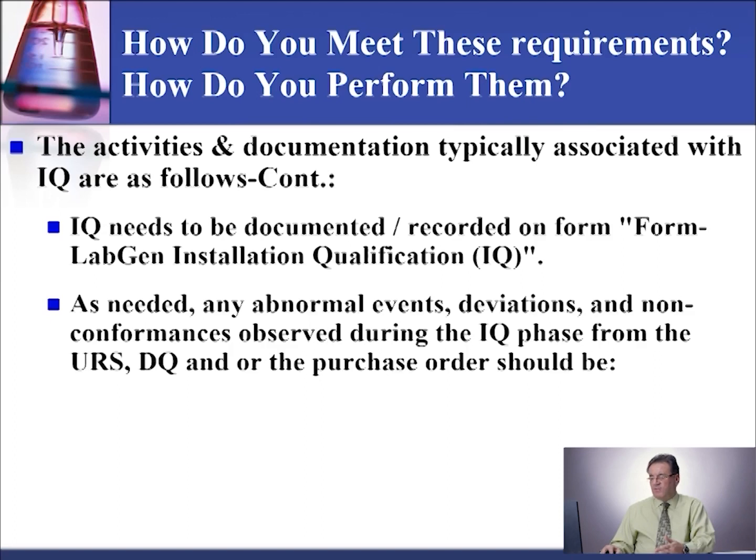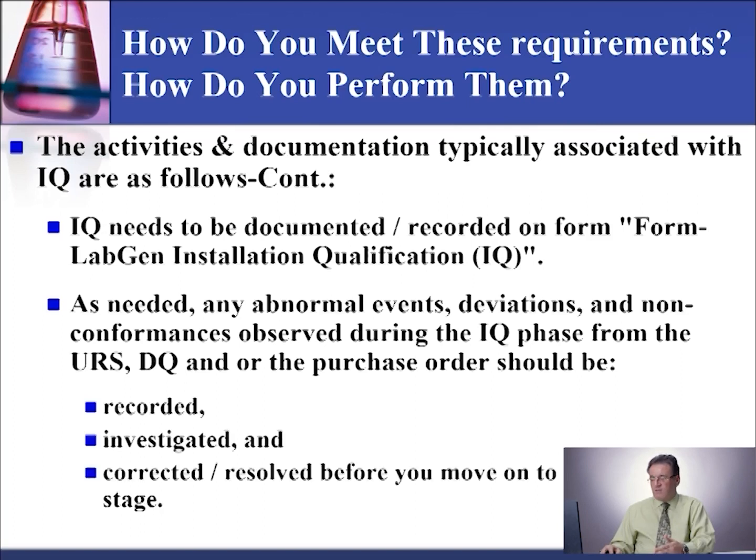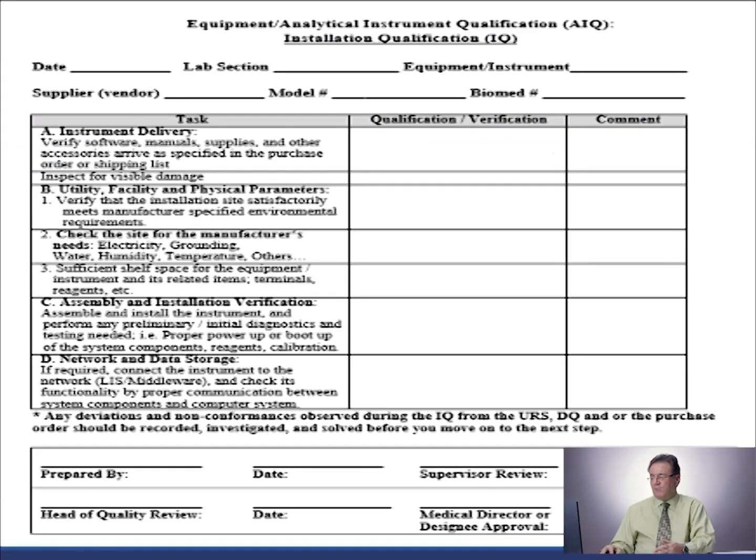To do this, it is necessary to verify the following actions: that the equipment or instrument is installed according to the manufacturer instructions, that it is operating properly, and that it performs within the requirements determined by the facility, which is the end user, the laboratory, because the requirement for a piece of equipment can vary widely from company to company.